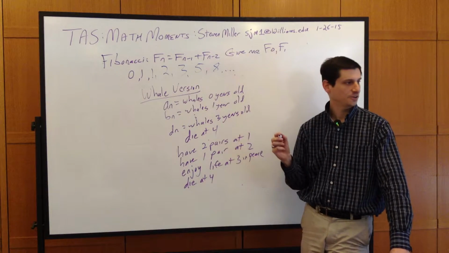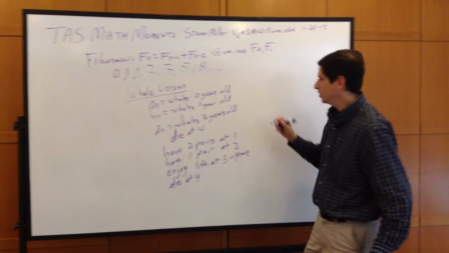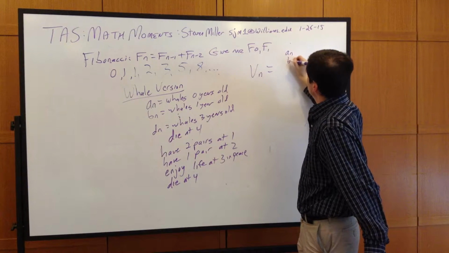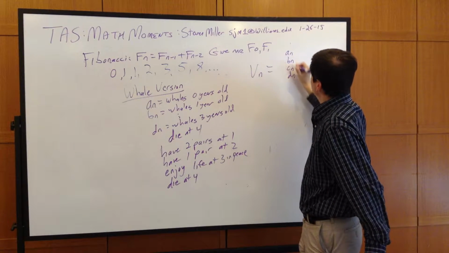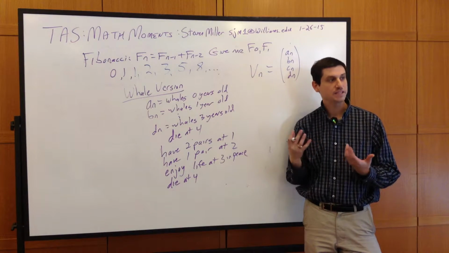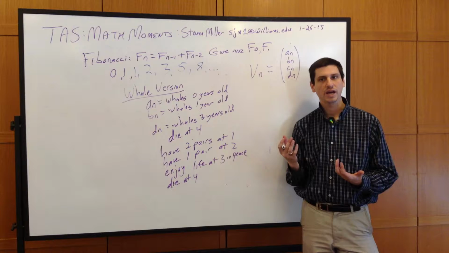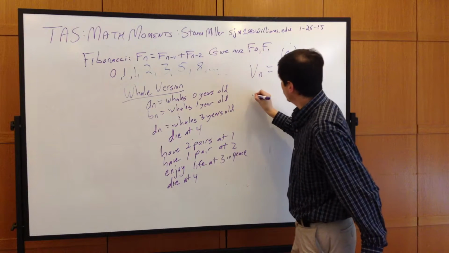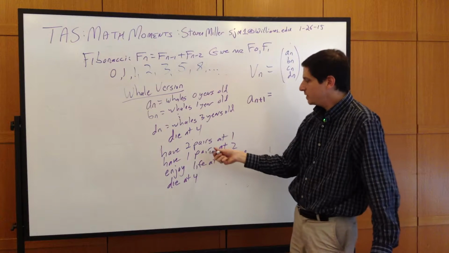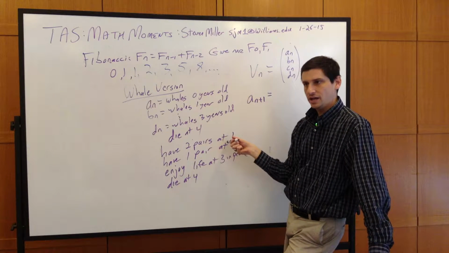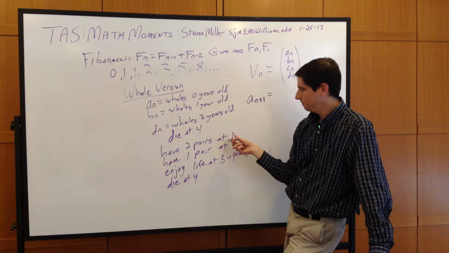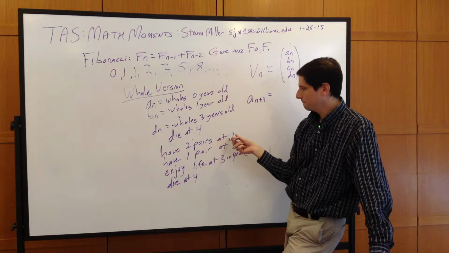So we can model how the whale population grows. If we let Vn be the vector An, Bn, Cn, Dn, we can relate how many whales we have of each group at time n plus 1 to how many we had at time n. So if I want to know how many whales are born in year n plus 1, well, however many whales I had 1 year earlier who were 2 pairs.